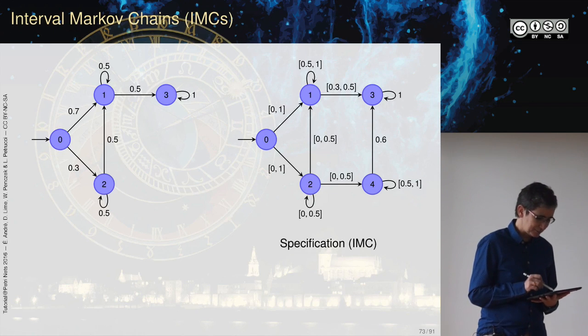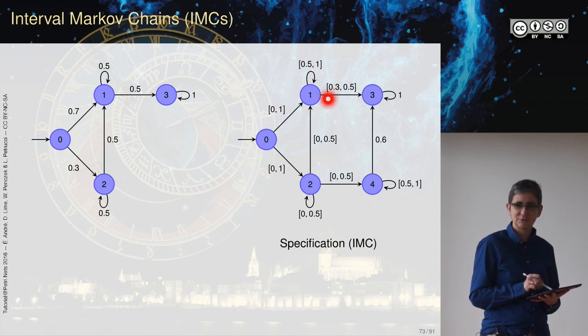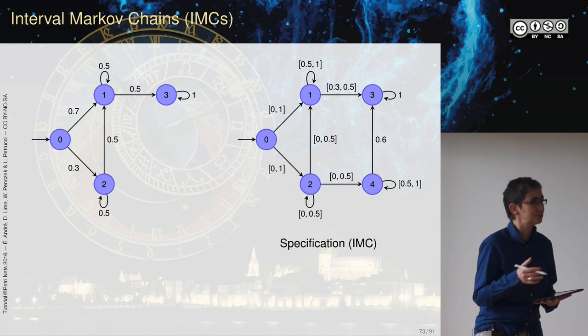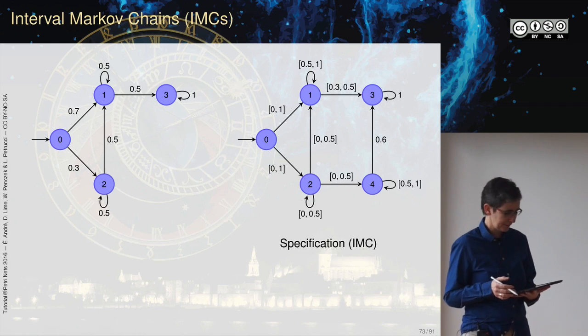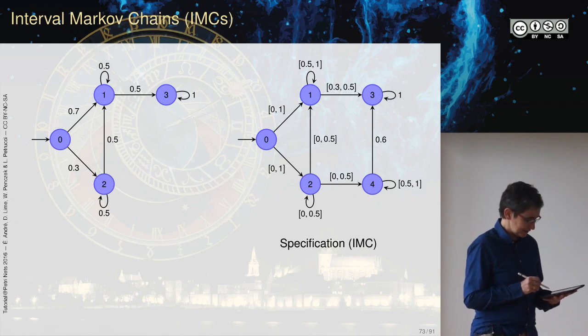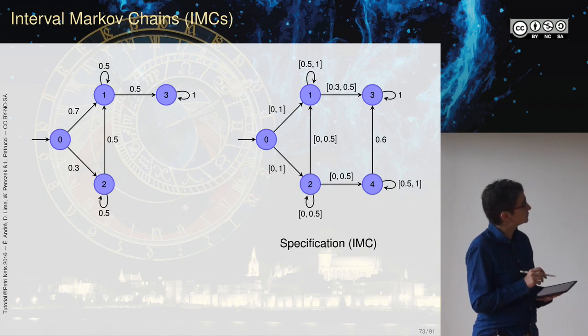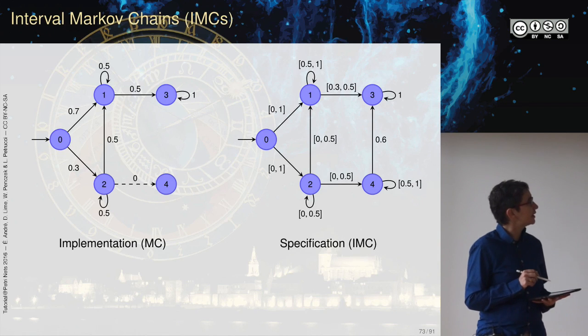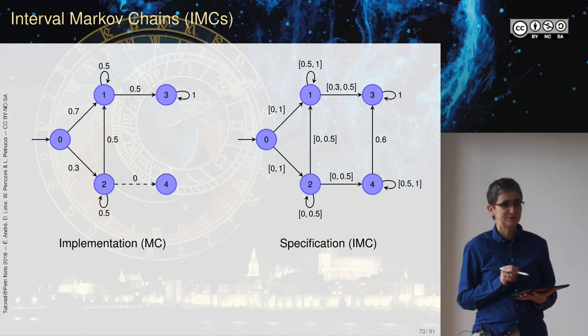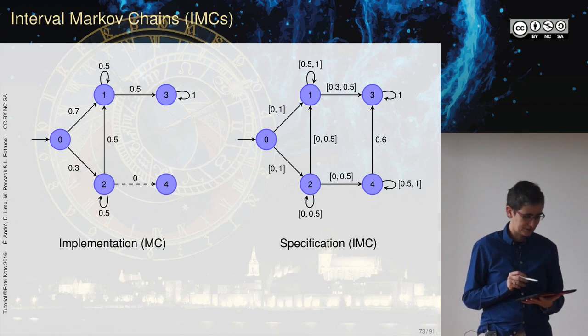But for example, if you want to go from state 1 to state 3, you can see that here you have a probability that is between 0.3 and 0.5. So any probability between these two numbers can be taken. And actually you can see that if you have these two examples, the first one is a Markov chain that implements the specification, the interval Markov chain.